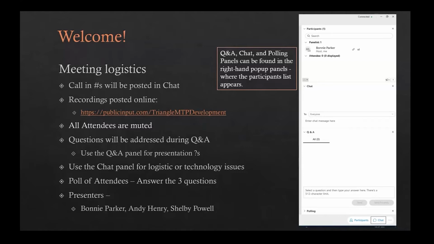What is your work zip code, and how did you find out about today's info session? You can click more than one option there, but if you would go ahead and take that poll answering those three questions, I'm simply going to close the poll in a few seconds. We are not going to show the results. It's for our information for measuring the performance of our outreach.